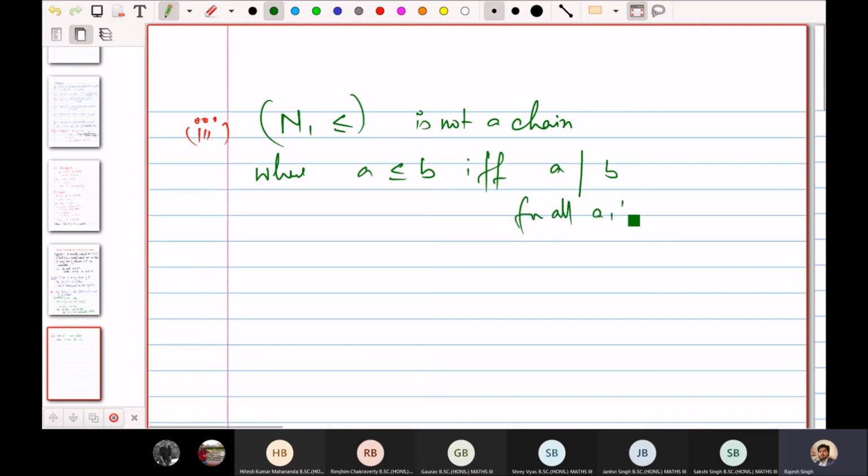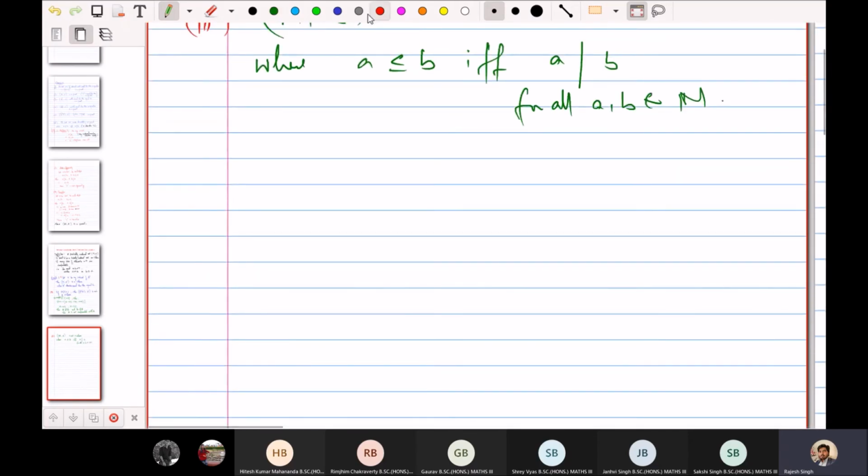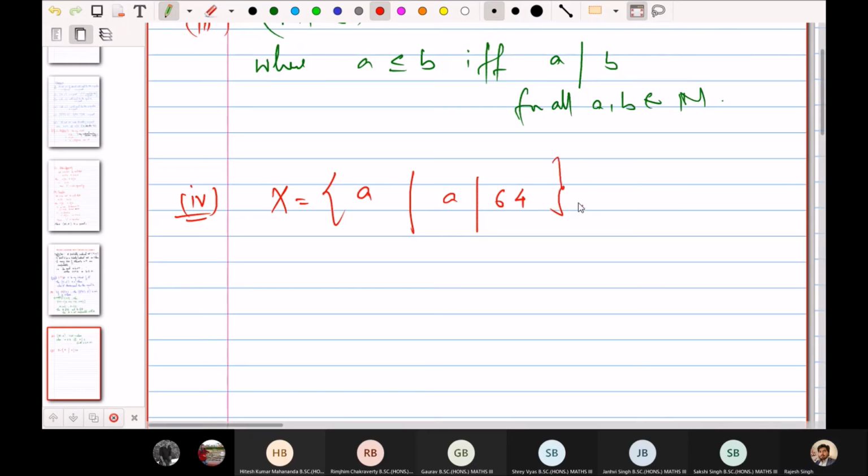For all A, B belonging to N. So ये relation है. So it is not a chain. 4. Let us take X equal to A such that A divides 64. So क्या है? A क्या सेट है?